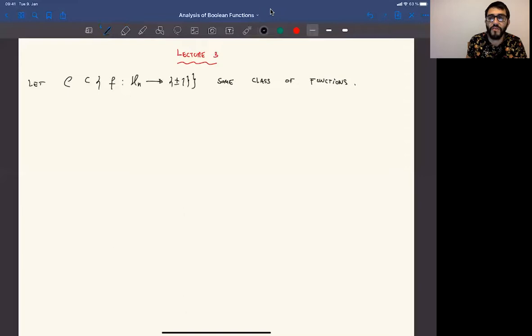So you have a certain family of functions. This could be symmetric functions, or monotone functions, or functions with a certain special property.